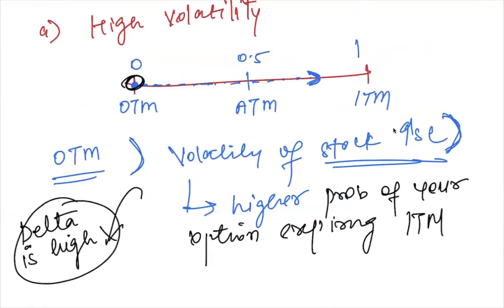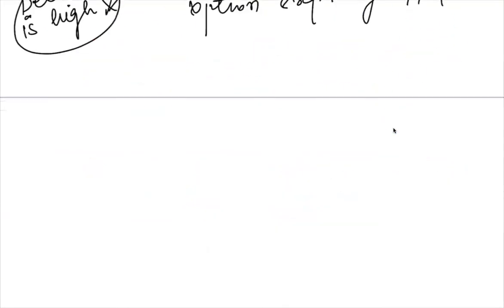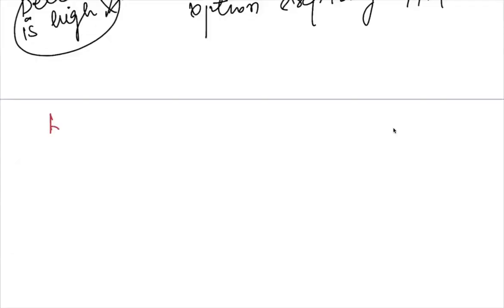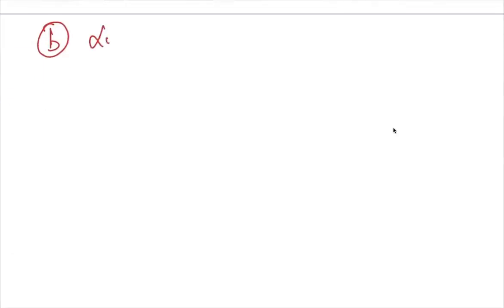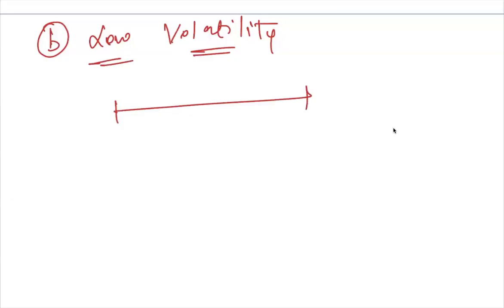Let's see a low volatility scenario. See what happens here. Let's say your delta is 1, or let's say delta is 0.